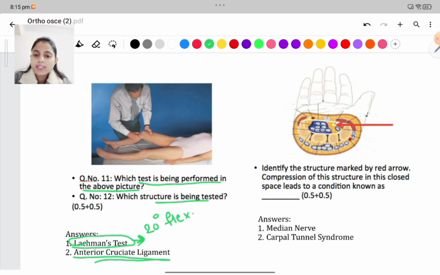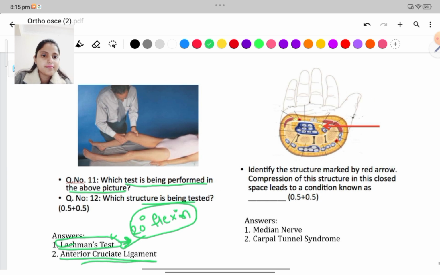So in anterior cruciate ligament injury, the mostly performed test is the Lachman test, because it is done only in 20-degree flexion, and another is the anterior drawer test, which is done in 90-degree flexion, and when there is acute inflammation, the patient will be unable to flex the knee joint to 90 degrees. So that's when this test is done.